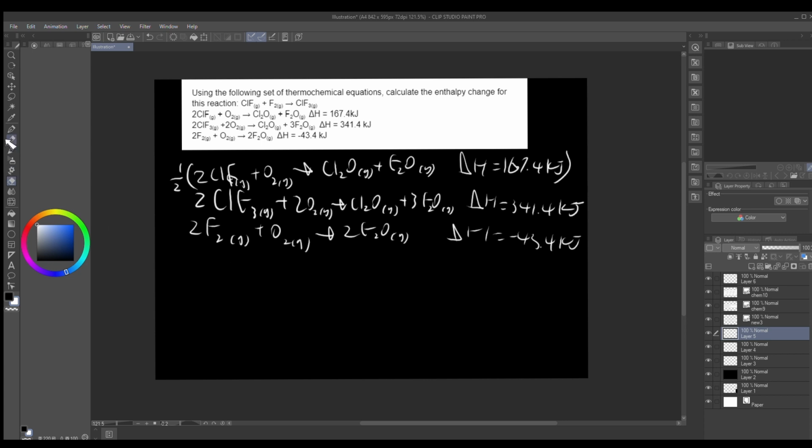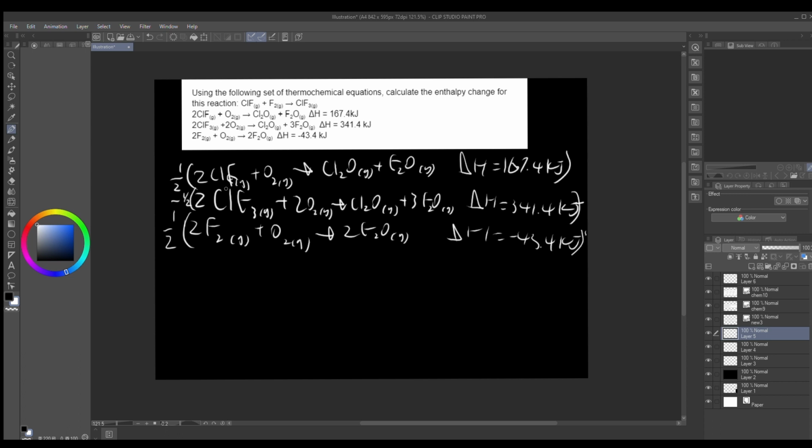And then what else is there? So we have F2 here. We have F2 here, but this is also 2. So we have to multiply this as well by 1 over 2. And then ClF3 is on the reactant side for this one, and there's a 2 in front. So what we have to do with this one is multiply it by negative 1 over 2.